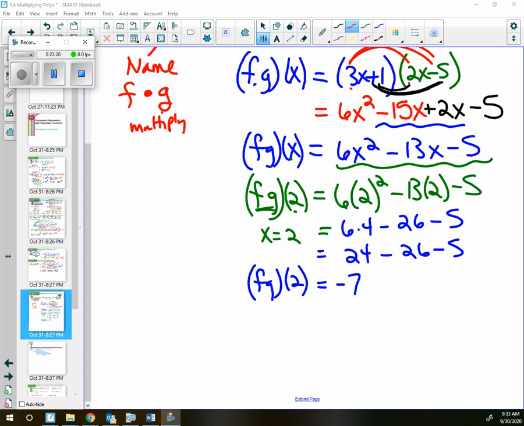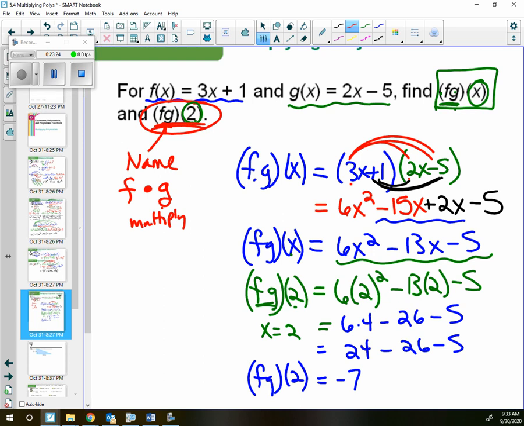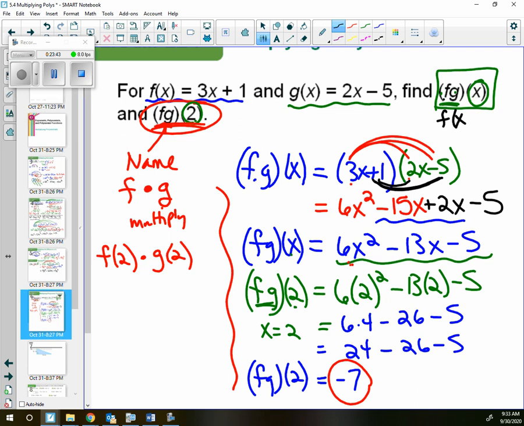Another approach to the second part: if all you wanted was just this number and you don't want the rule, this is an alternative. That also means, hey, I'm going to do f of 2 times g of 2. Just like back here, if I'm talking about this rule, f times g of x, what that means is f of x times g of x, just like the operations we did with adding and subtracting.